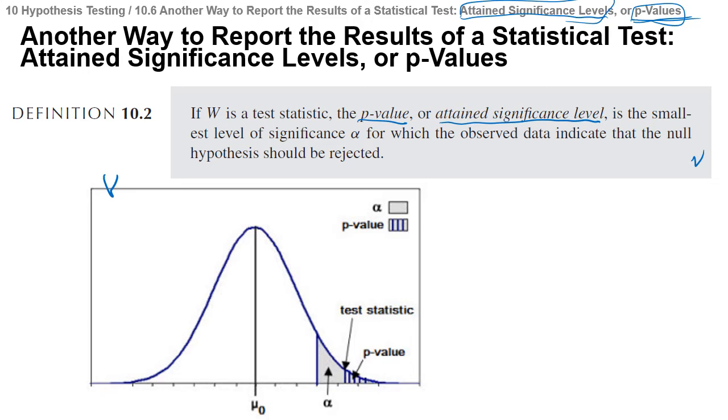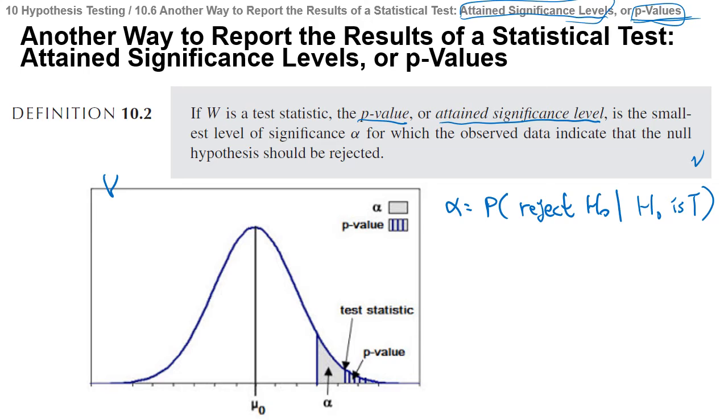In this situation, alpha is the probability of rejecting H0 when H0 is true.